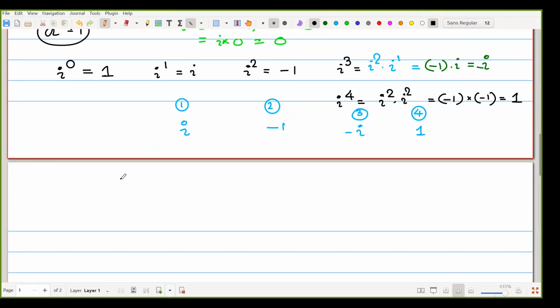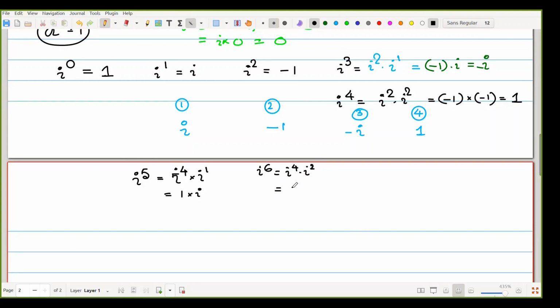So i to the power 5 can be written as i to the power 4 into i to the power 1, or the value is i to the power 4 means 1 into i. i to the power 6: it is i to the power 4 into i to the power 2.